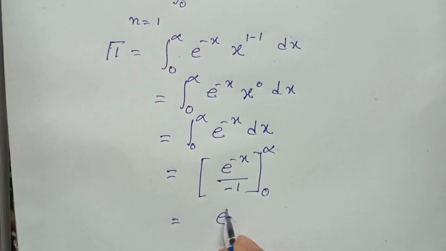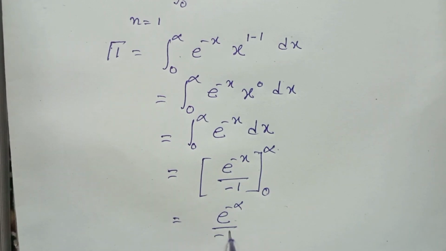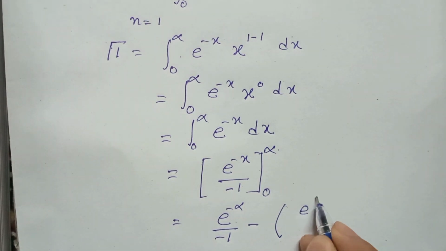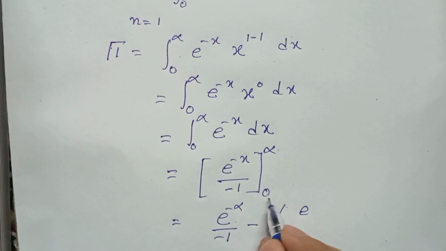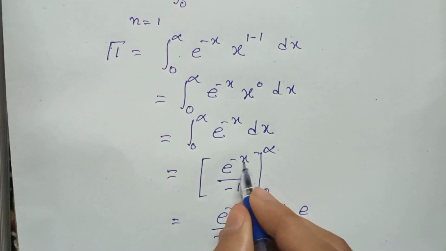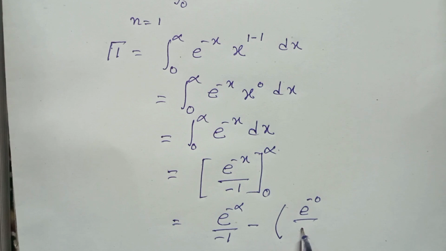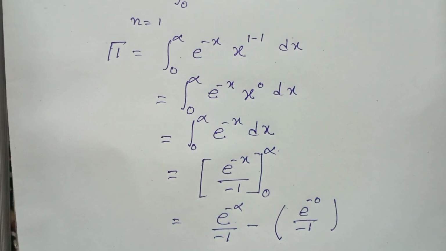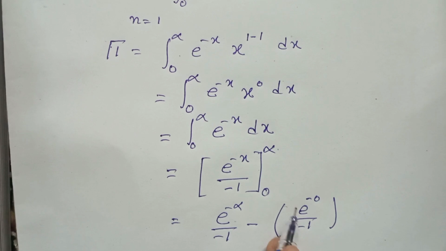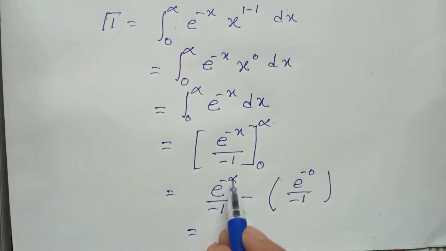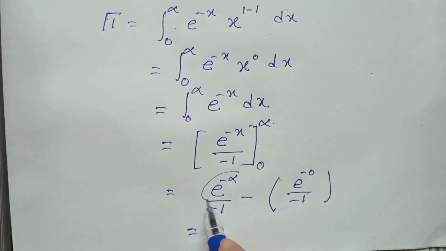E to the power minus infinity by minus 1 minus e to the power 0, in place of x we will put 0, e to the power minus 0 by minus 1, and here we have e to the power minus infinity.